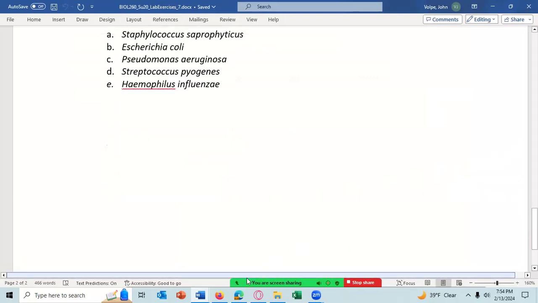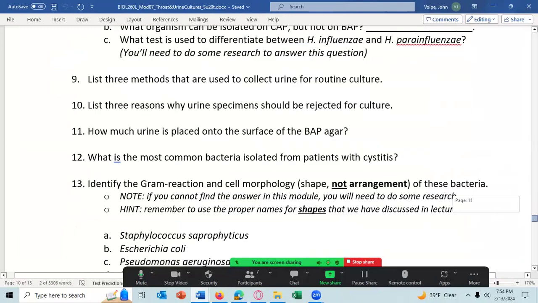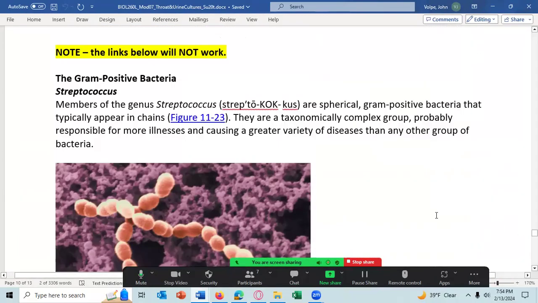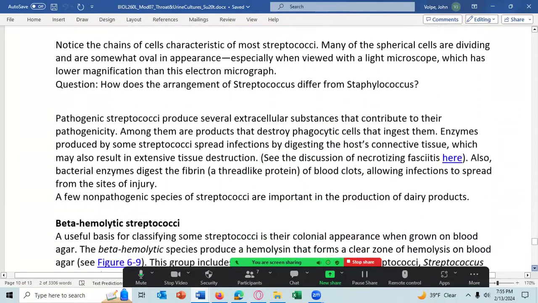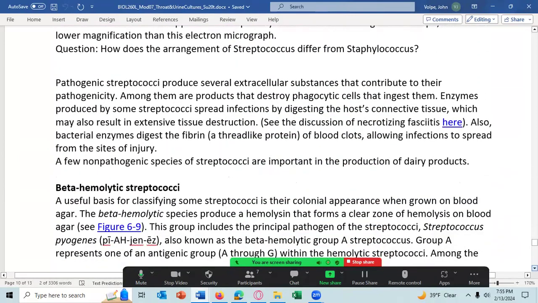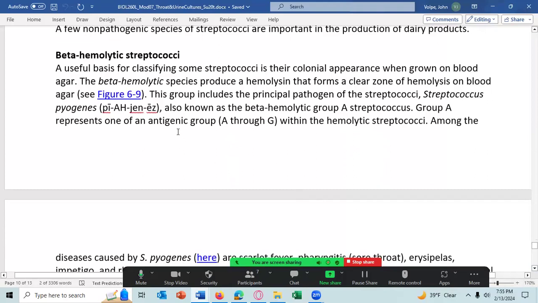Let me show you the appendix of the lab module just briefly. In the appendix, we got a little bit talking about the family Streptococcus. And then talking about the beta hemolytic streptococci, which are mainly Streptococcus pyogenes, but there are other members that are beta hemolytic.